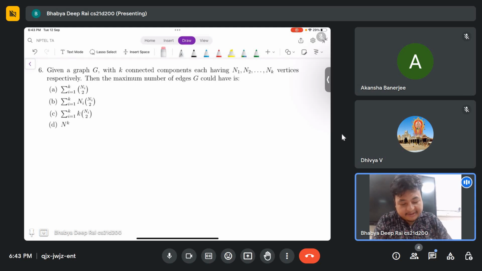So what is the information that we have here? Firstly, there are k connected components, and we know the number of vertices in each of these components.